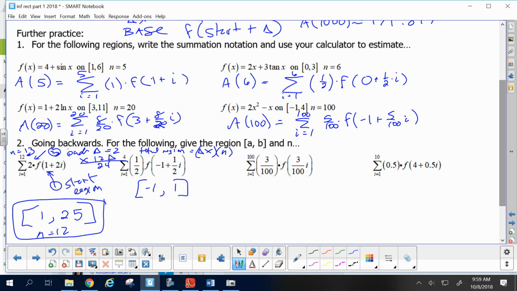All right, and what else was I supposed to say? What's n again? 4. All right, do the others, please. Tell me the region and tell me the number of rectangles.